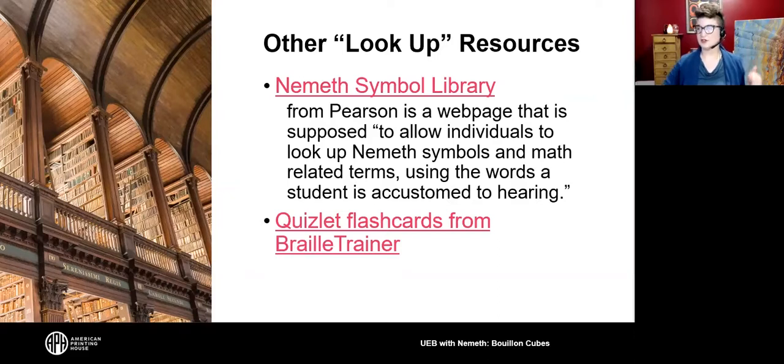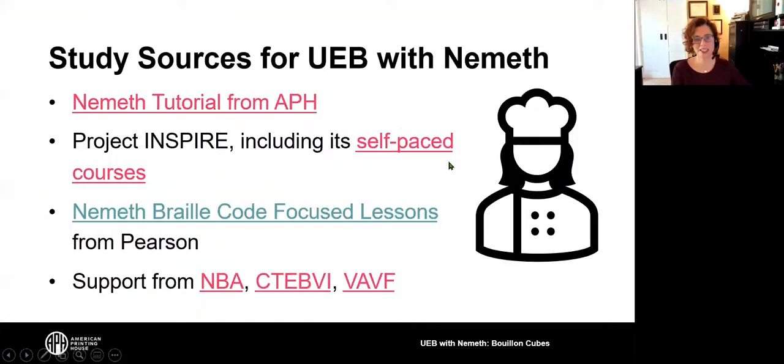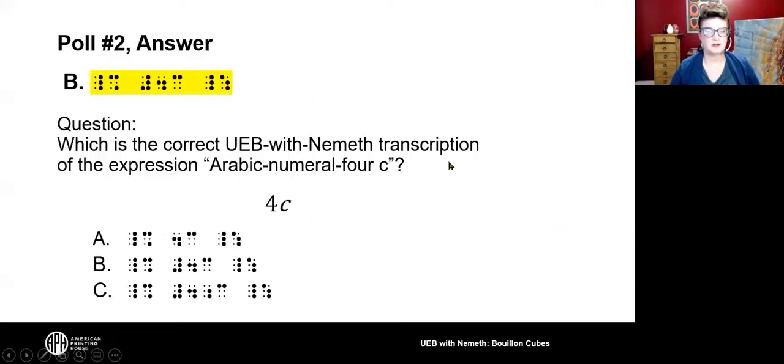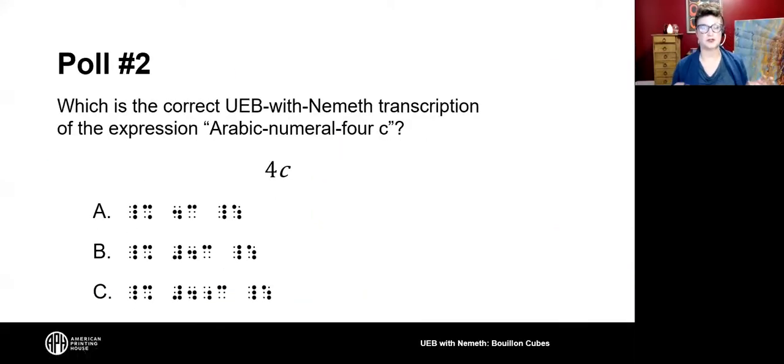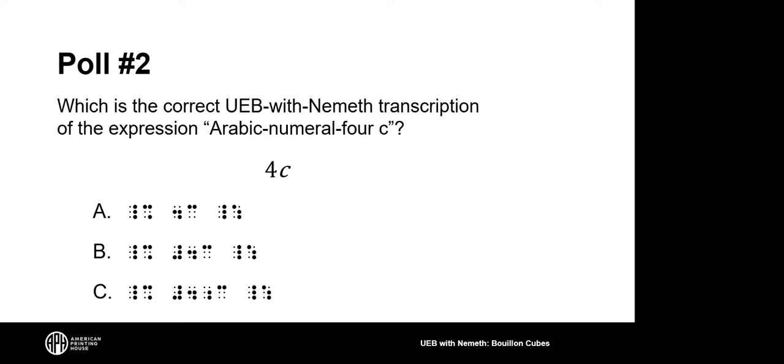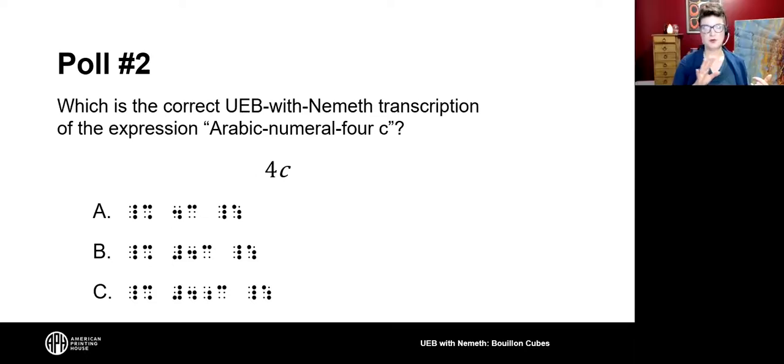I did notice we had a question about number indicators. When I talked about giving the Braille user something to hold on to when an Arabic numeral follows a space, I mean, when you are reading tactually a Braille cell or a series of Braille cells, it can be difficult when you just encounter one Braille cell after a space or after nothingness.